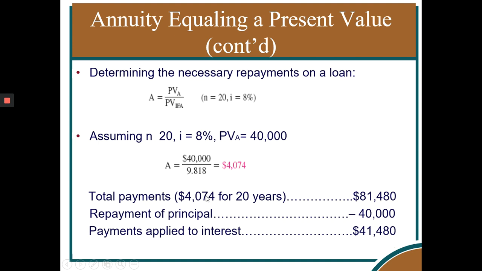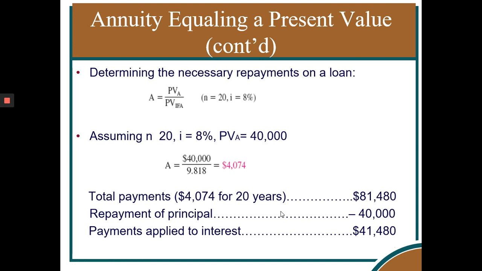So your total payment is 4,074 for the next 20 years, which equals 81,480. Your repayment of principal would be 40,000. Your repayment of the loan, the 4,074, includes the payment of principal plus the interest amount.